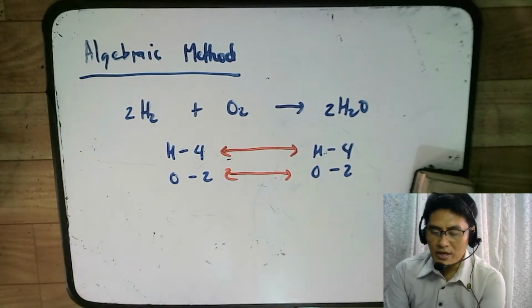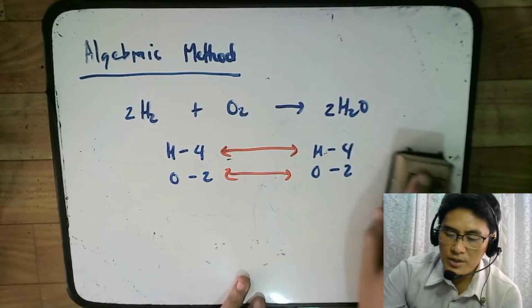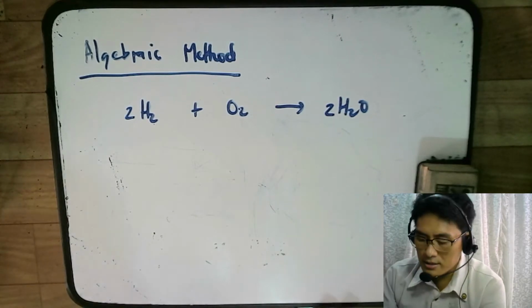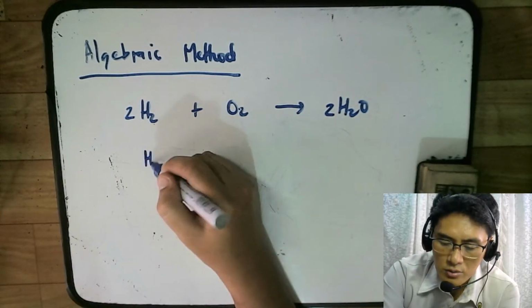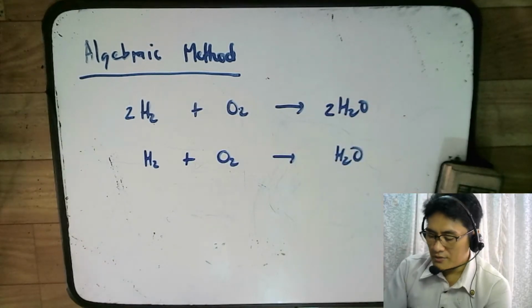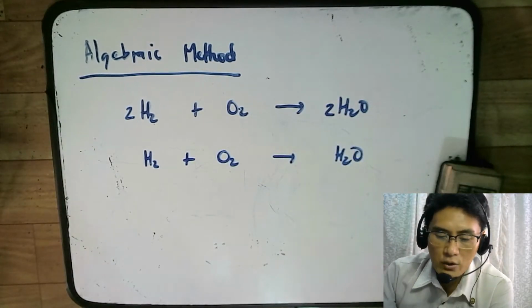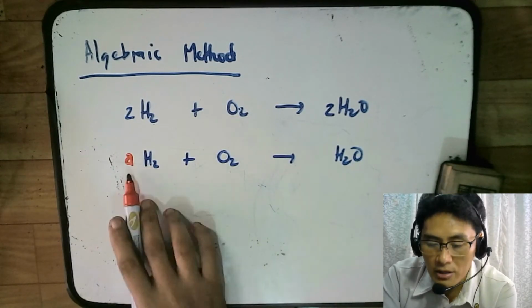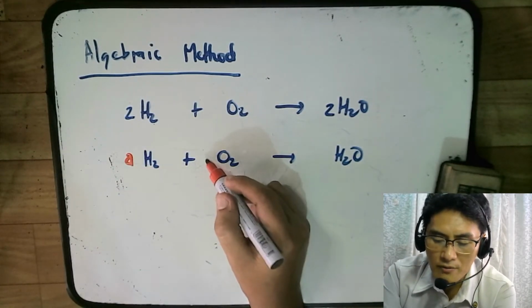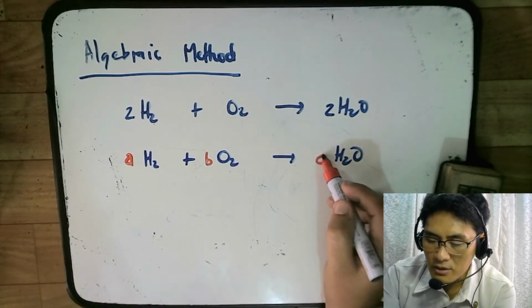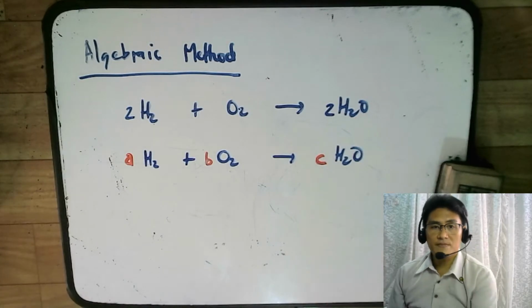So if we don't know the coefficients, I can say H2 plus O2 is equal to H2O, and then there has to be a coefficient here, which I don't know. So I use a variable A. Here I don't know the coefficient, so I'll use B. And here I don't know the coefficient, so I'll use C.